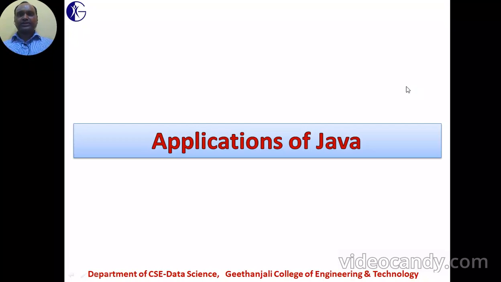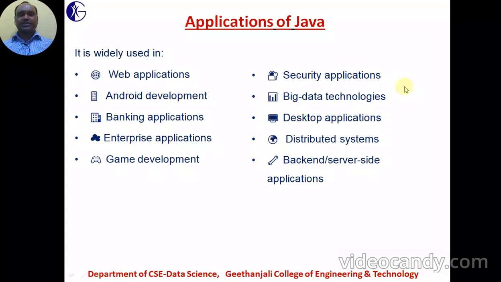And today if you see, Java is used for developing a variety of applications. Here, I have listed some of the applications where Java can be used. The most important application is web-based applications. Today, you can see railway reservation software or banking applications.